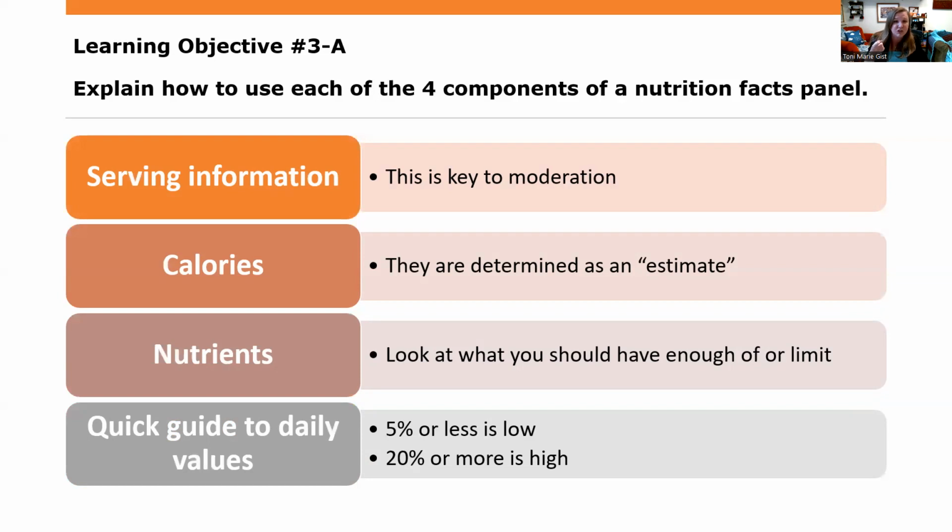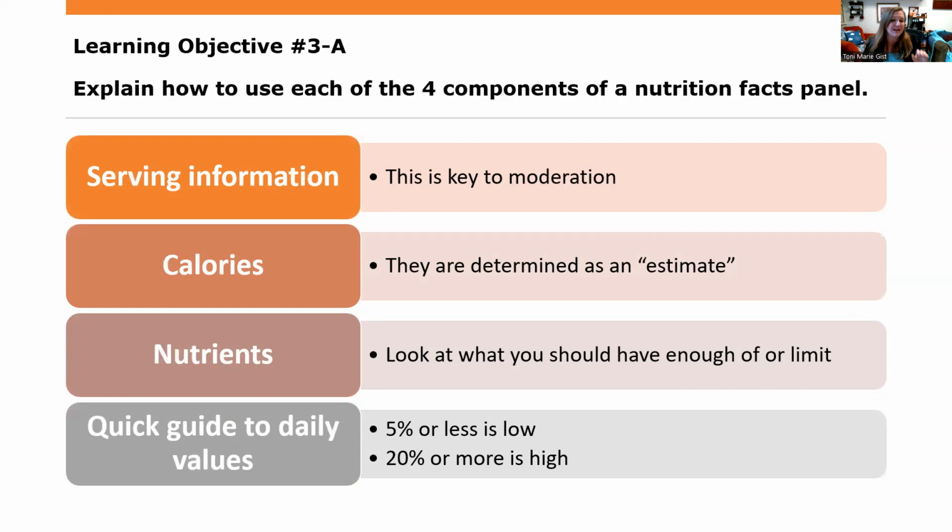The serving information, which is key to moderation, the total calories per serving. This is an estimate that they have used to either calculate to get these calories, or they burn the food stuff and use the heat that's given off to determine the calories. They tell you about the nutrients that are in the food stuff itself, encouraging you to get enough of certain things or limiting other things.